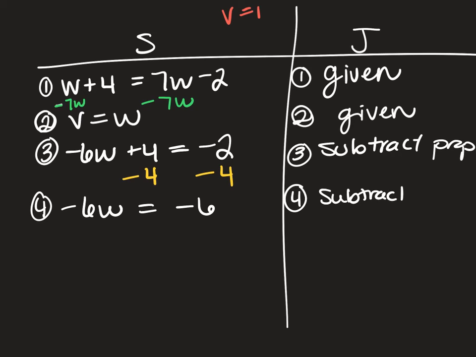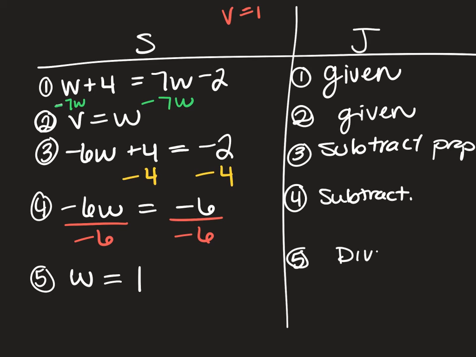All right, yours might look a little different than mine if you went in a slightly different order. That's okay. Right, and then we're going to divide by that negative 6 to get the W by itself. So W equals 1, and we got that from division.